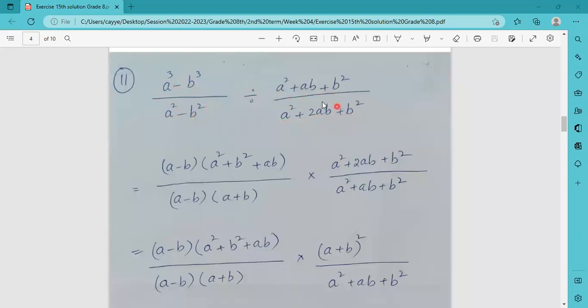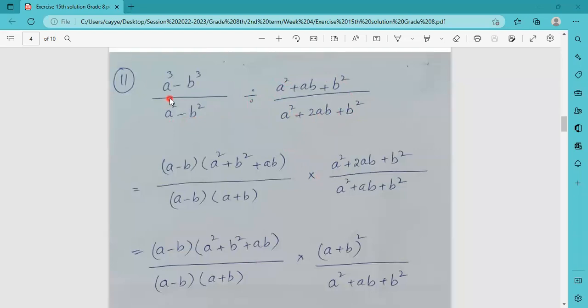So first of all, you have to see there is a division sign. If there is a division sign, what will we do? We will go for multiplication and we will invert the second fraction, the one on our right side.